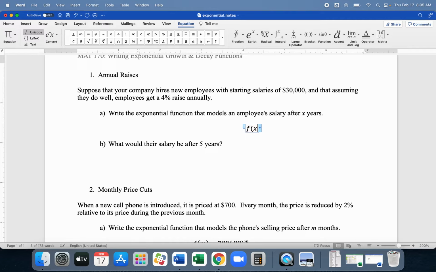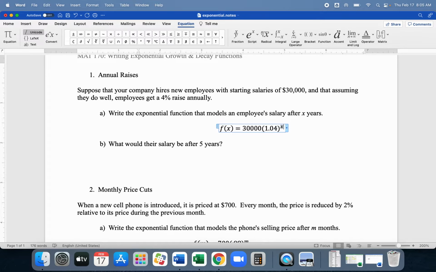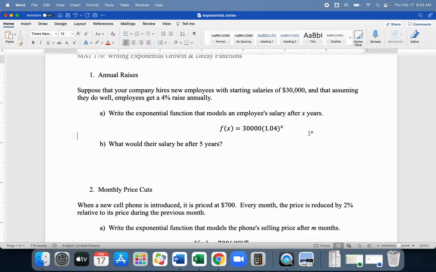I'll say f of x, just to call it something. F is 30,000 times 1.04, all of the original with an extra 4%, multiplied on a number of times that indicates the number of years that have gone by. So after 2 years, I'd be multiplying by 1.04 twice, etc.